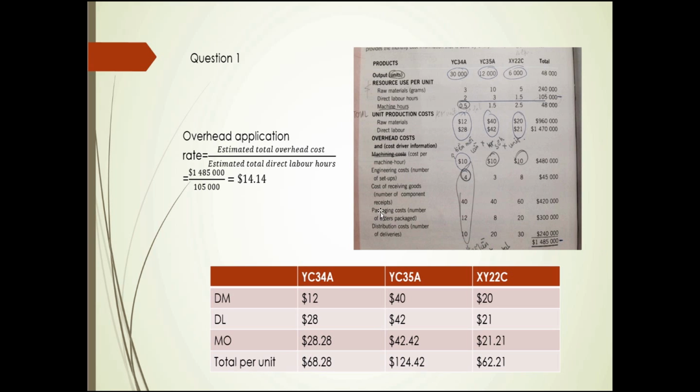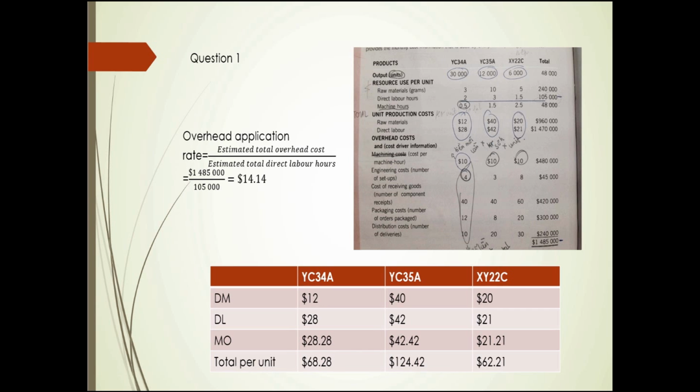We can see that the total manufacturing overhead cost is 1,485,085, and the total labor hours are 105,000. We divide the total manufacturing overhead cost by the direct labor hours to get the overhead application rate, which equals $14.14.